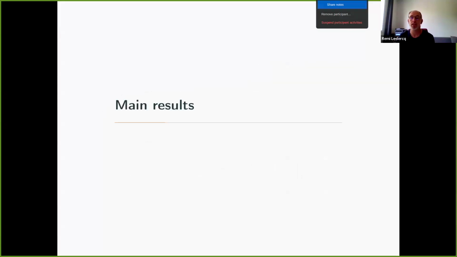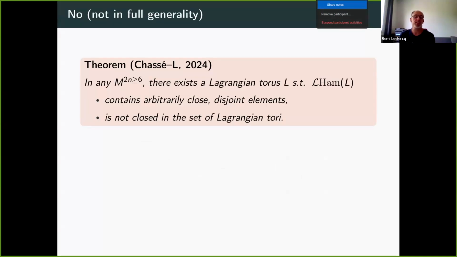Okay, so let me now explain the main results. The first one is a negative result. We did this with Jean-Philippe Chassé in October last year. We proved that in any symplectic manifold of dimension at least 6, there exist Lagrangian tori whose Hamiltonian orbit has several properties which we didn't expect.